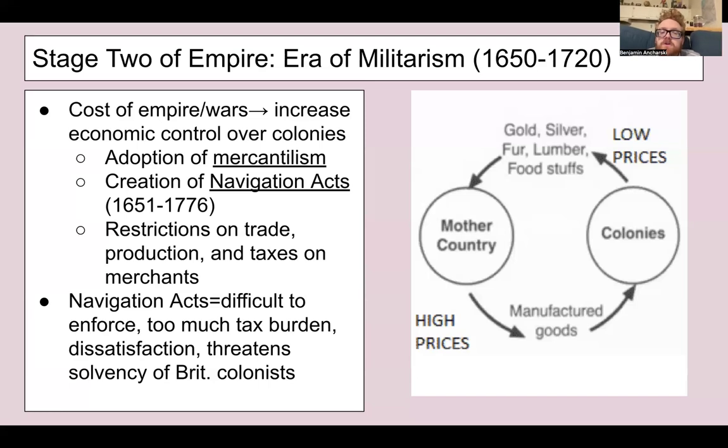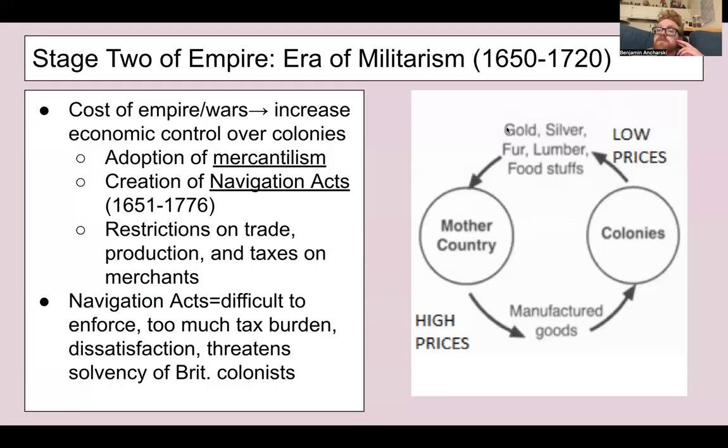There's taxes on merchants. There's restrictions on what can be traded. Raw materials from the Americas go to Europe. Manufactured goods from Europe go to the Americas. Now, there's actually a bit of dissatisfaction and a problem of debt between the colonies and England. And you can see why this debt system emerges based on this infographic right here.